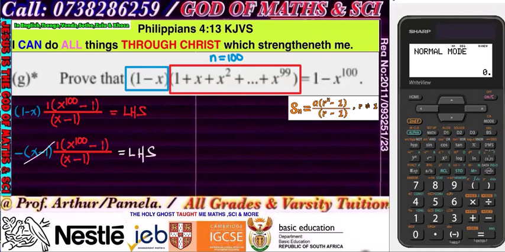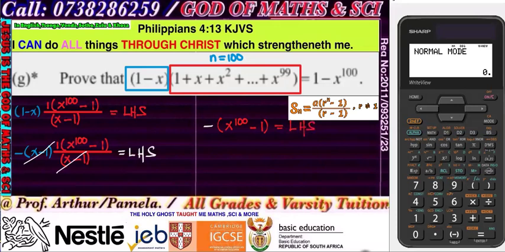So that cancels with that. Remember, we still have a negative here. So what are we left with? We're left with the minus, and this red part, which is x to the power of 100 minus 1. Of course, all of that equals our left-hand side.